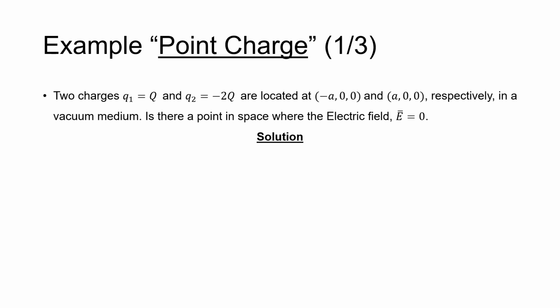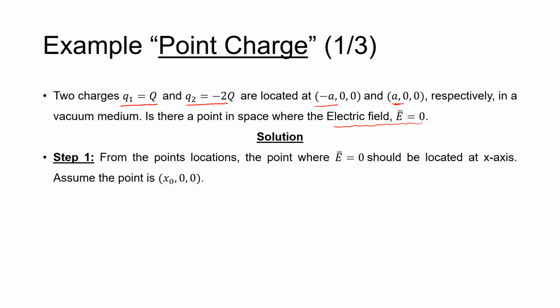We are told that we have two charges, Q1 and Q2, located at minus a on the x-axis and a on the x-axis also, because the others are zero. And we are asked where is the point that satisfies this condition, which is the electric field equal to zero.